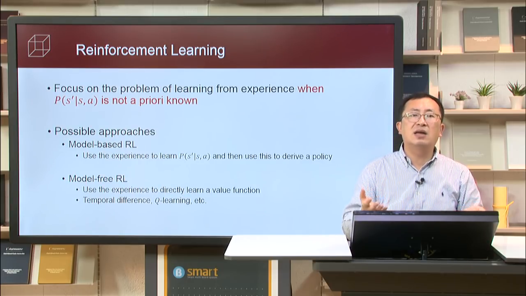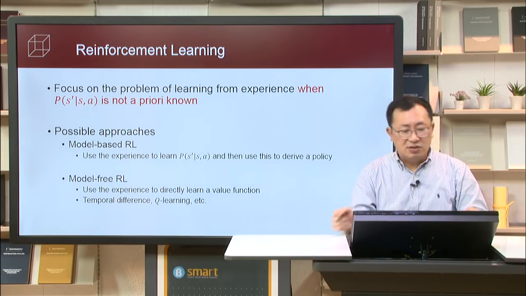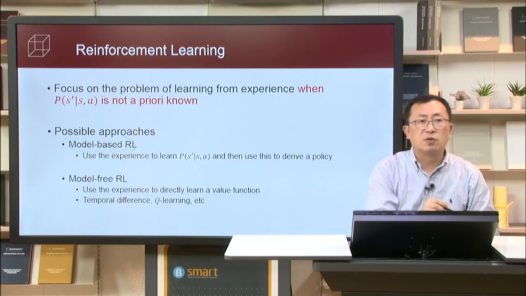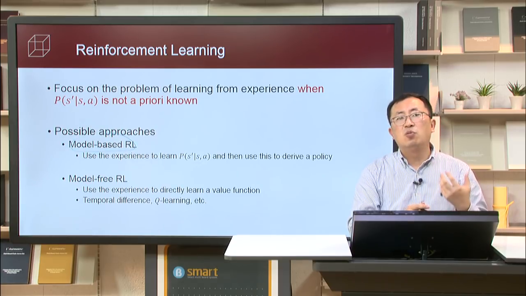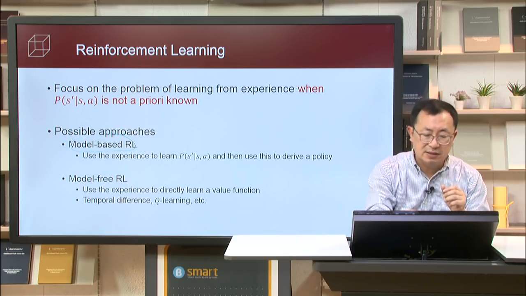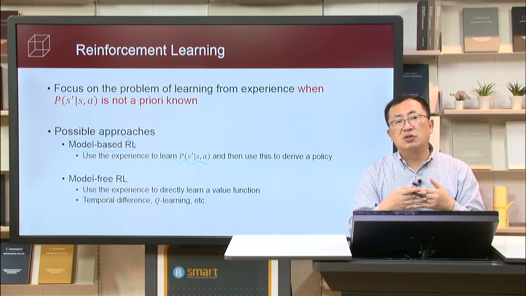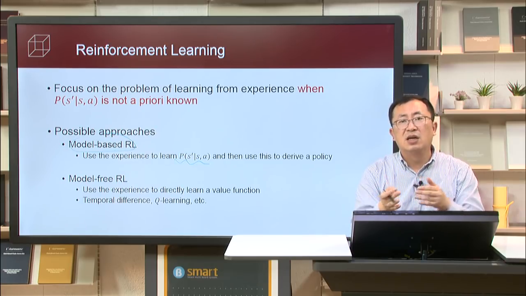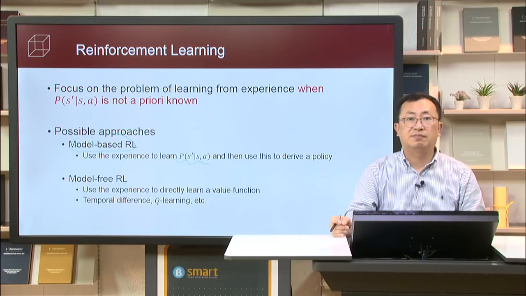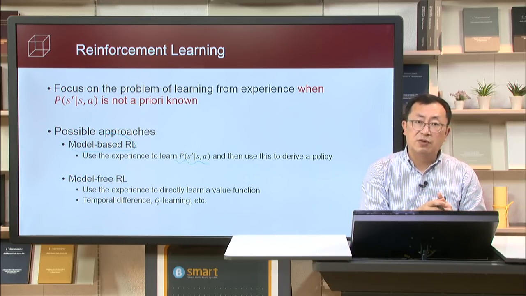There are several possible approaches. One is model-based reinforcement learning, which means we use the experience to learn the transition probabilities, and then use this model of the transition probabilities to derive a policy.